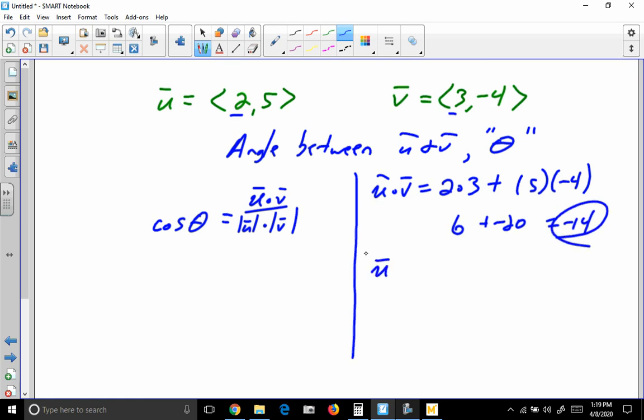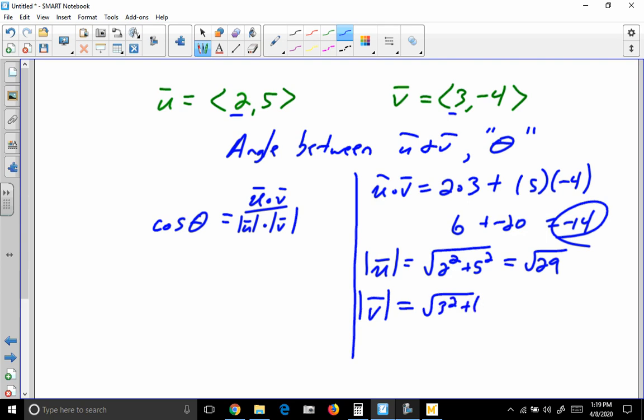All right, to get the magnitude of u, that's the square root of 2 squared plus 5 squared, so the square root of 29. The magnitude of v is the square root of 3 squared plus negative 4 squared, which is the square root of 25, or 5.